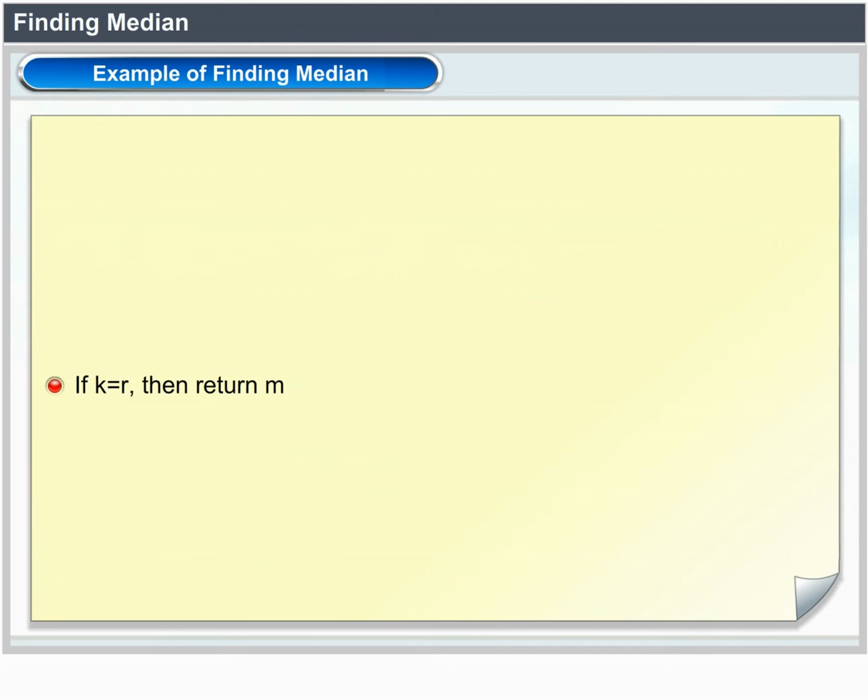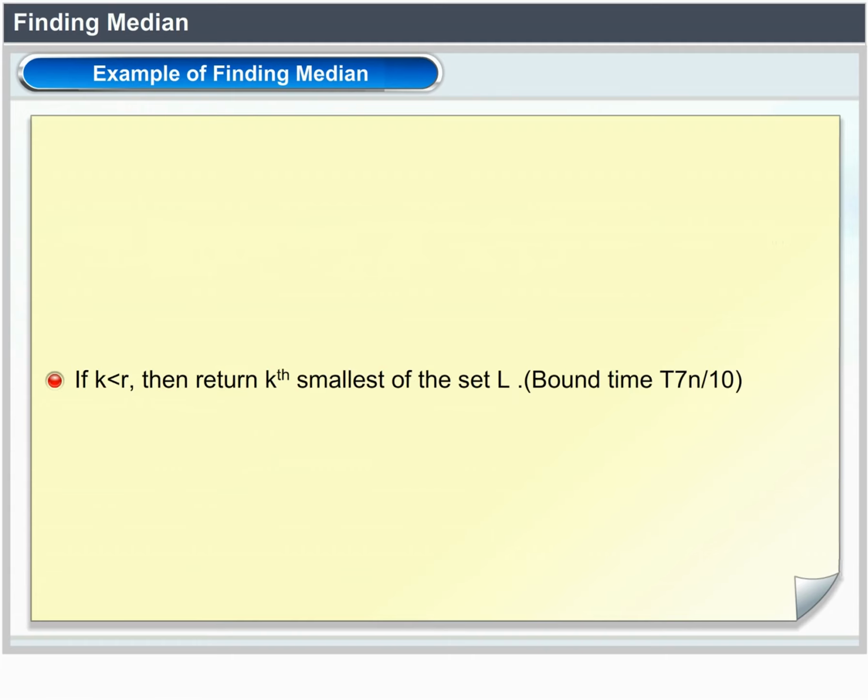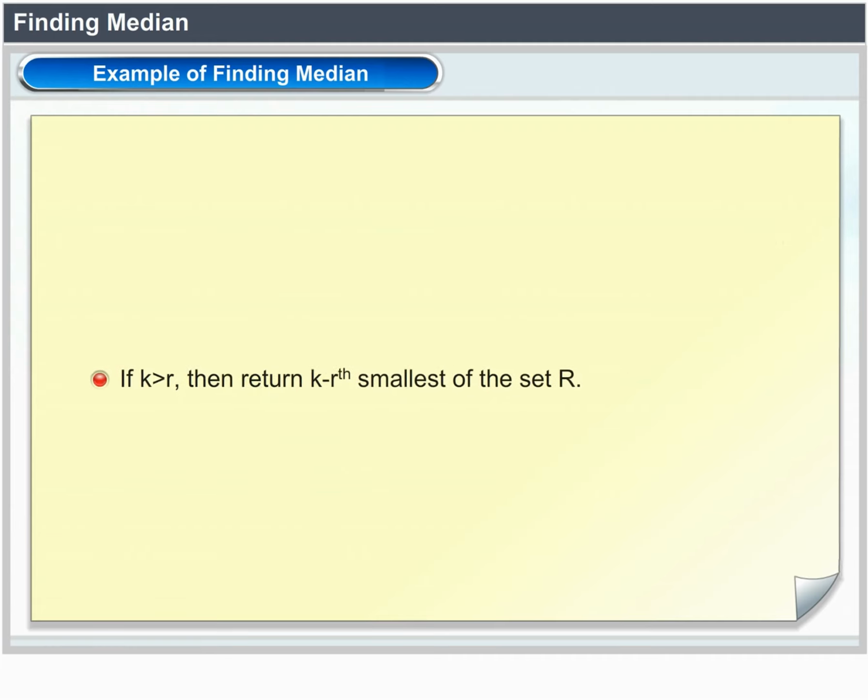If k equals the rank, then return m. If k is less than the rank, then return the kth smallest of the set L. Bound time is T(7n/10). If k is greater than the rank, then return the (k minus rank)th smallest of the set R.